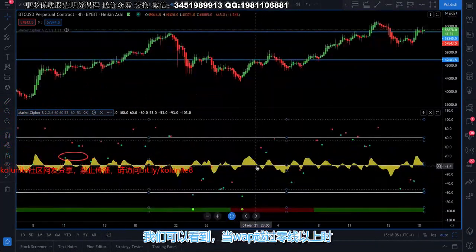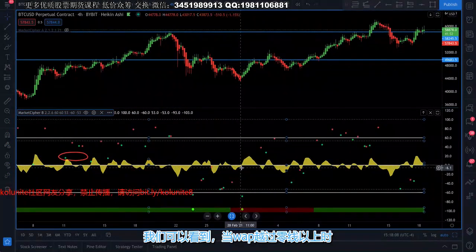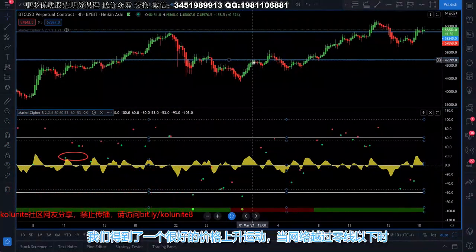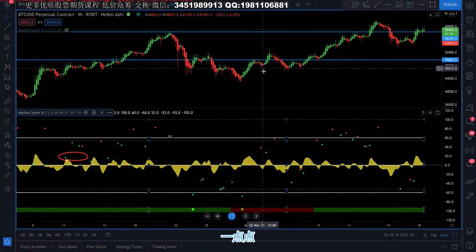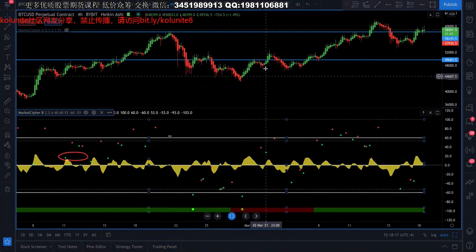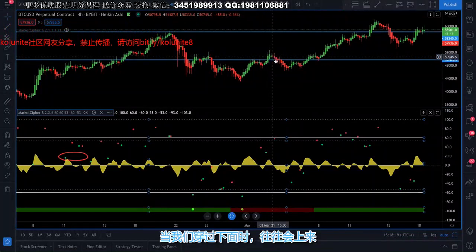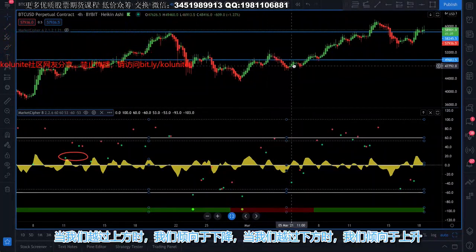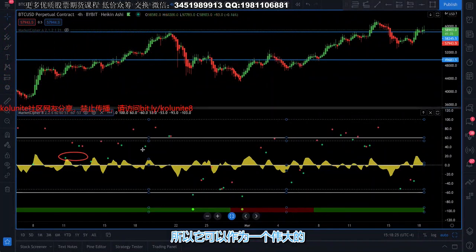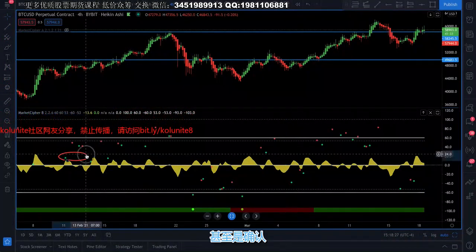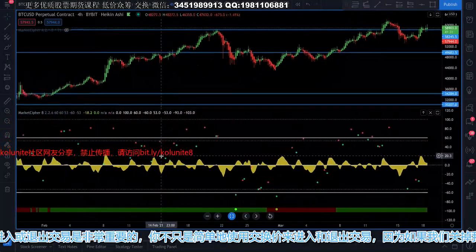We can kind of see that when the WAP crosses above the zero line, we get a nice upward movement in price, and when the WAP crosses below the zero line, we tend to come down a little bit. When we cross above, we tend to come up. When we cross below, we tend to come down. So it can be used as a great indicator or even confirmation to enter or exit a trade.